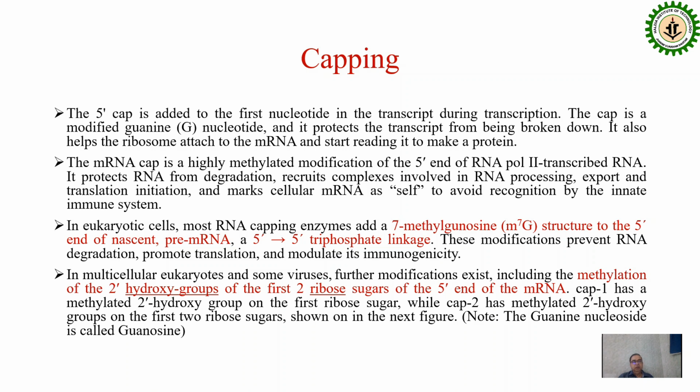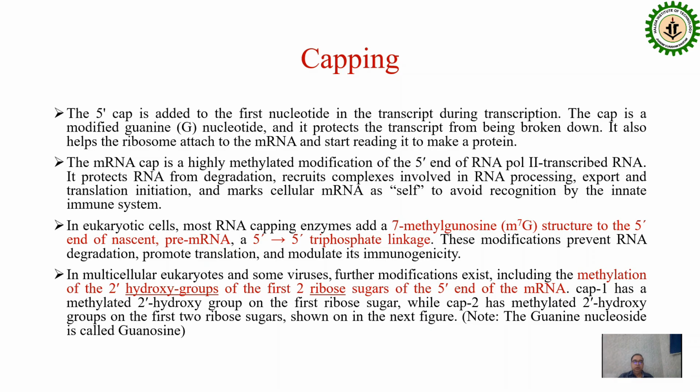And in multicellular eukaryotes, like in human and some viruses, further modifications exist, including methylation of the 2' hydroxy groups of the first 2 ribose sugars of the 5' end of the mRNA. So here you can see the first 2 ribose sugars, the 2' position, it has methylated hydroxy groups.